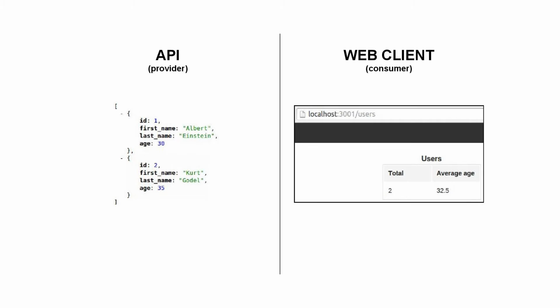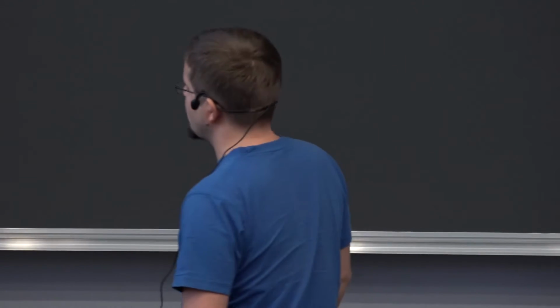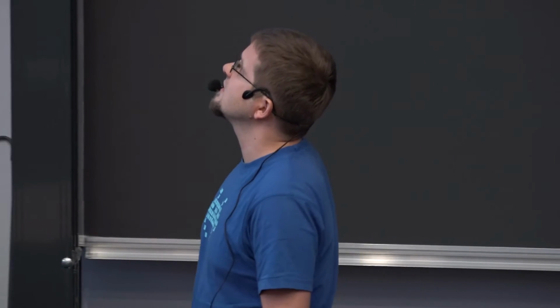All right, so let's say we are building a system with service-oriented architecture, and we have two simple services, API and web client. Web client relies on the API completely. It doesn't even have its own database.